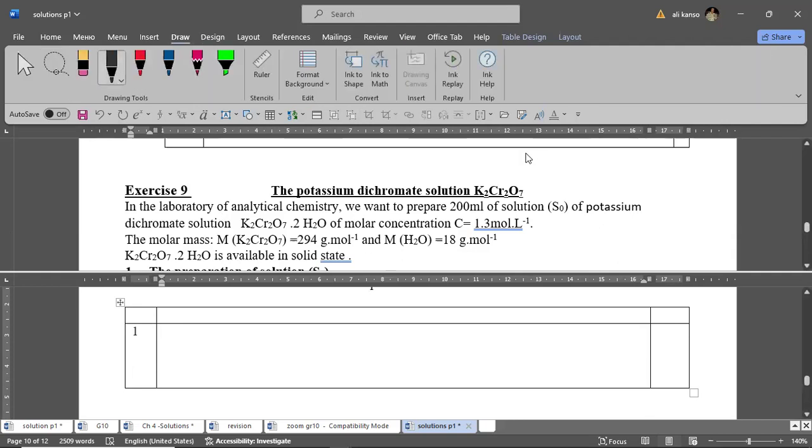So we are given a volume. Volume V is 200 milliliter.